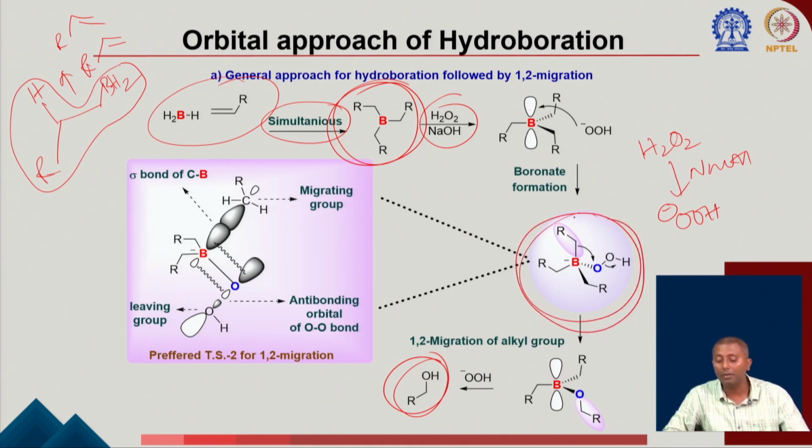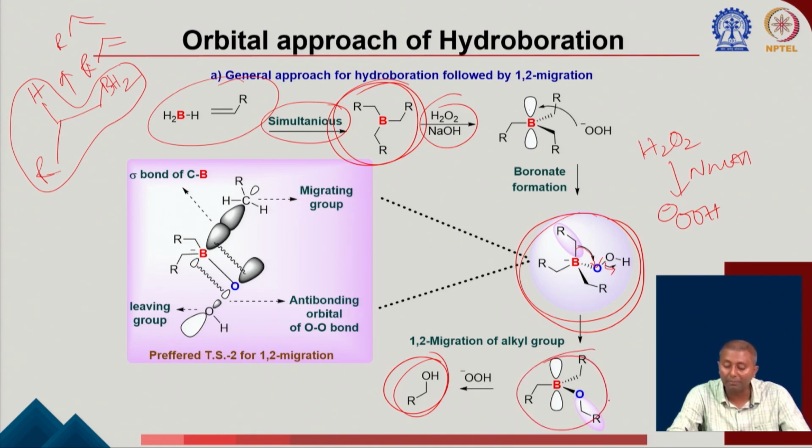Now this boronate complex wants to do something: the R group here is going to participate in a 1,2 migration. It can move from the boron to the oxygen, eliminating this group as a leaving group, which generates this BR2 and this OR.